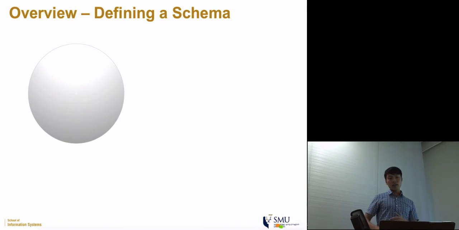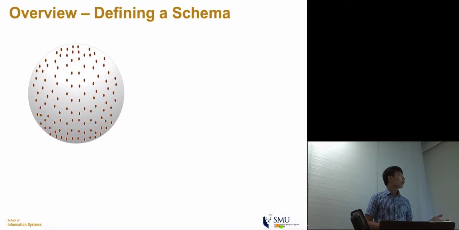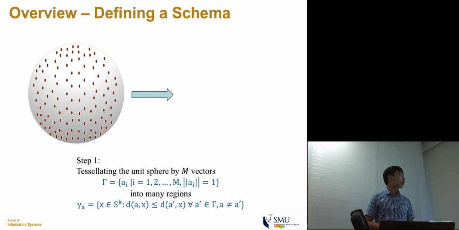Okay. So let's look at the overall approach. First of all, the first step is you need to partition the unit sphere using some points, which they call tessellated points.